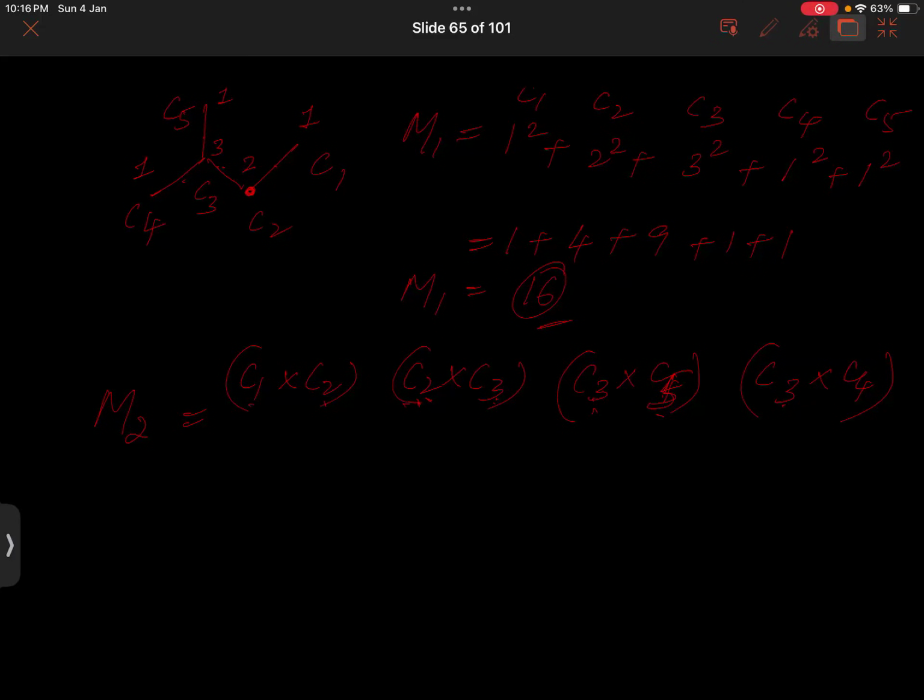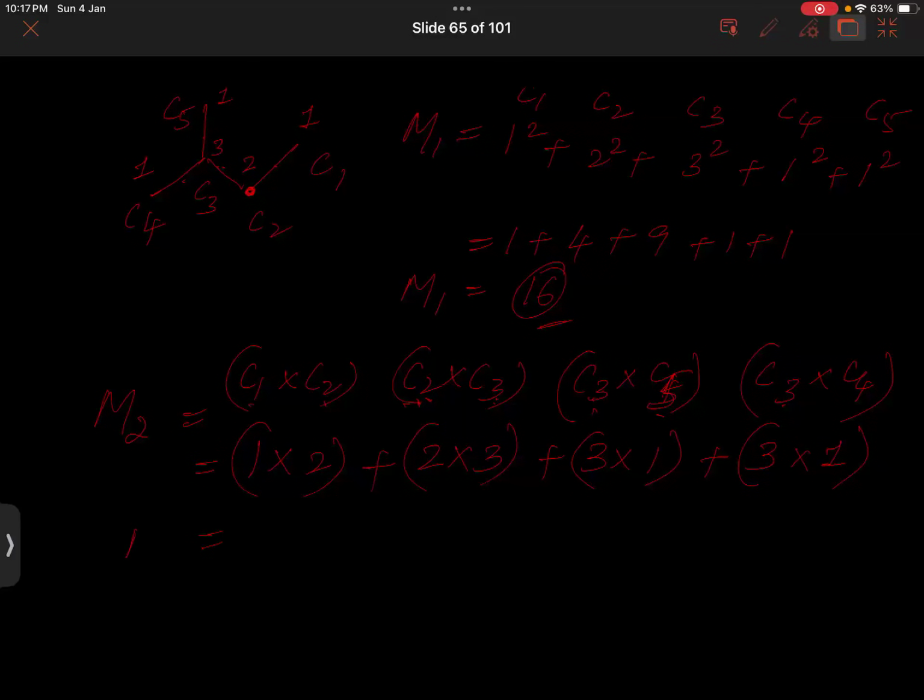So therefore, the C1 degree is how much? C1 degree is 1, and C2 degree is 2. Plus C2 degree is 2, C3 degree is 3. Plus C3 degree is 3, C5 degree is 1. Plus C3 degree is 3 into C4 degree is 1.